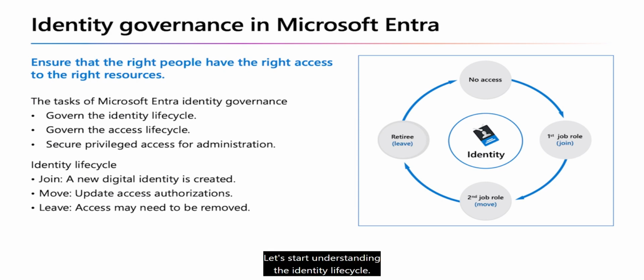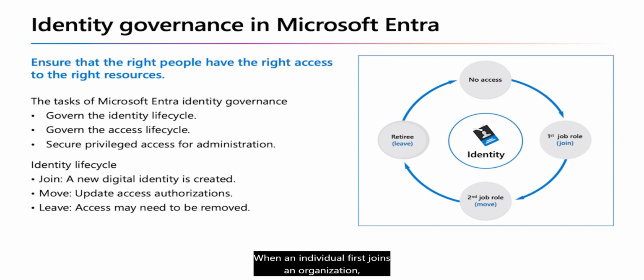Let's start understanding the identity lifecycle. Managing users' identity lifecycle is at the heart of identity governance. When planning identity lifecycle management for employees, many organizations, for example, use the join, move, and leave process.